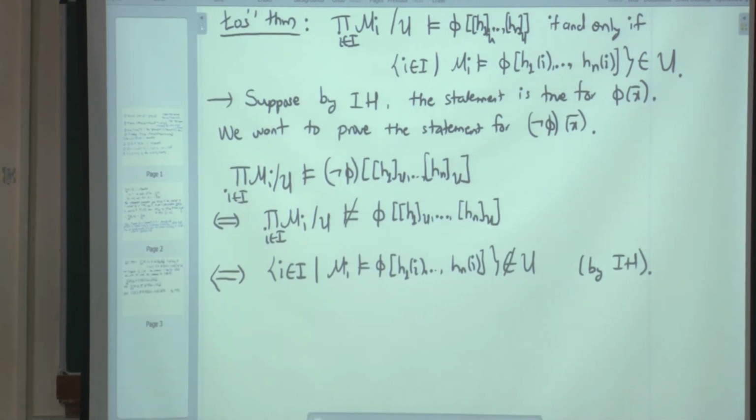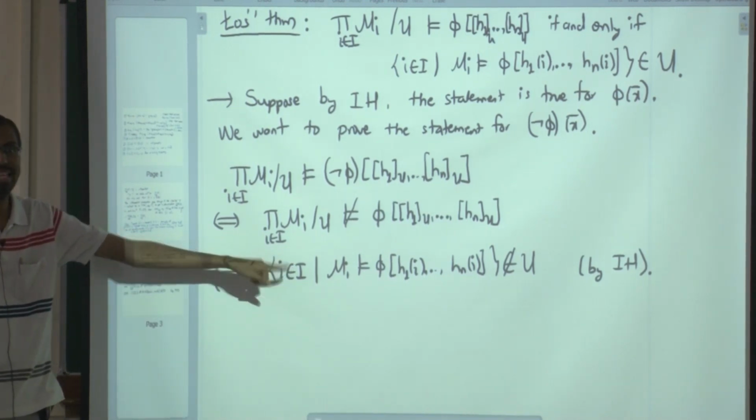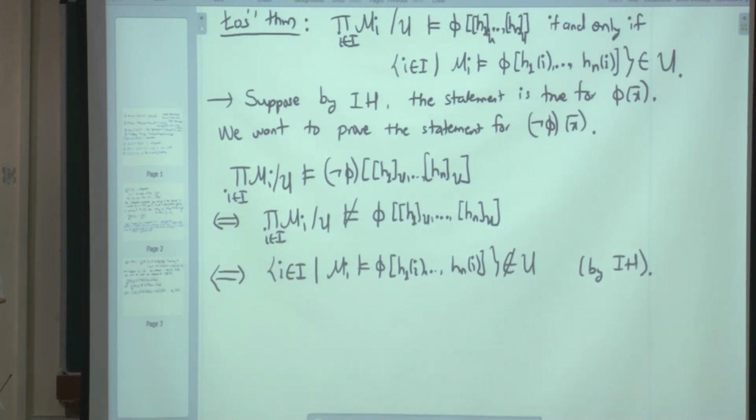Okay. Now comes the important property. If this set doesn't belong to U, then by the ultrafilter property, what belongs to U? Its complement. Yes, this is the crucial step where we use that the set of i's such that Mi doesn't satisfy phi... I mean, maybe I should write down one more thing.